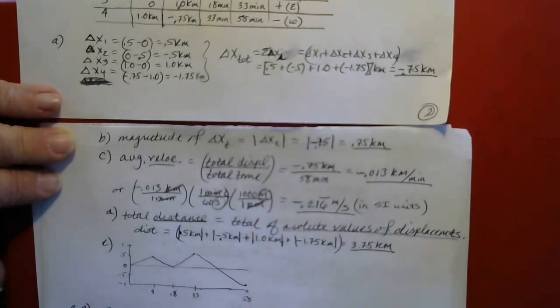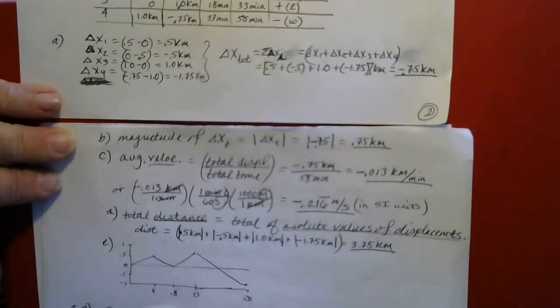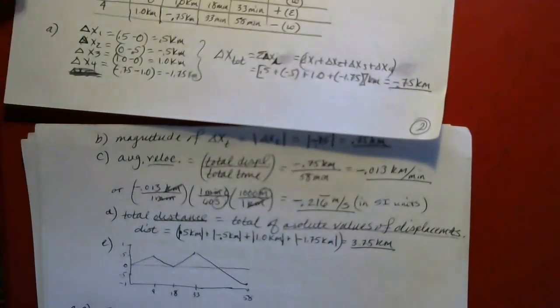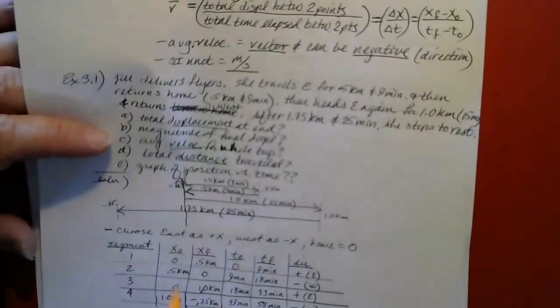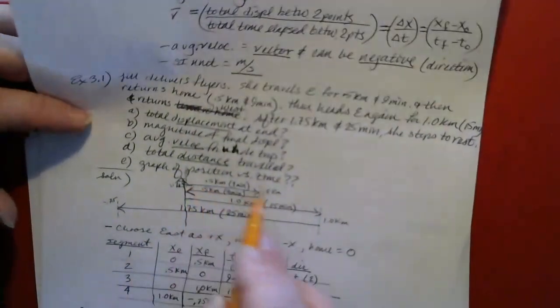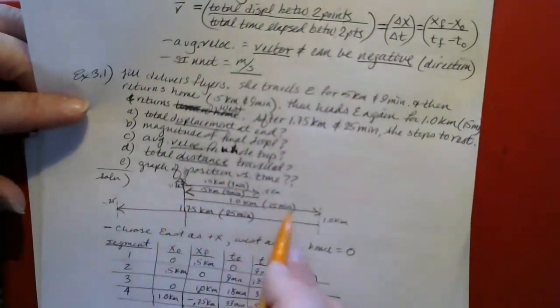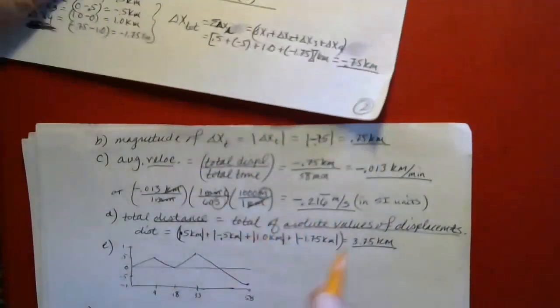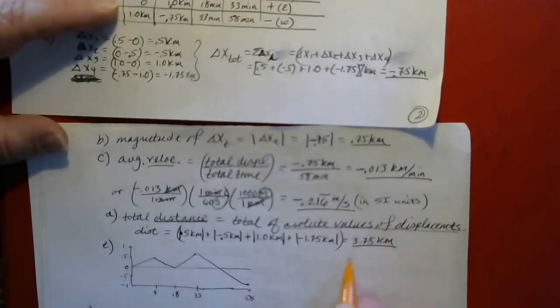And when you add that all up, you get 3.75 kilometers. That's the total distance back and forth and back and forth. You can also get it from going back to the diagram: 0.5 plus 0.5 plus 1 plus 1.75 would give you a distance of 3.75.